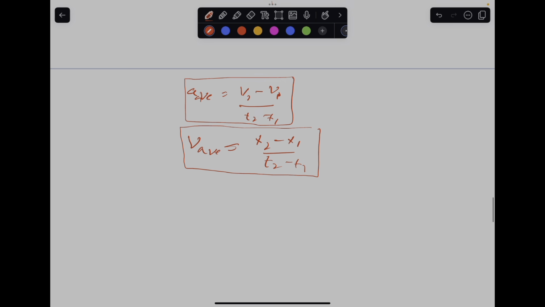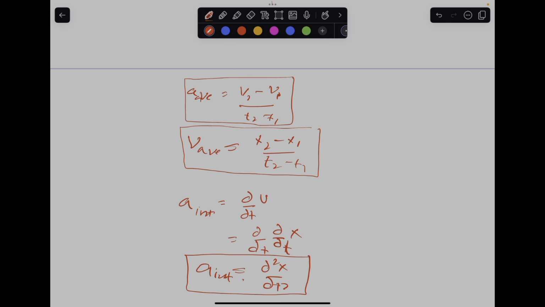Your instantaneous acceleration is just d by dt of v, and you know that v instantaneous is d by dt of x, so the acceleration is d2x by dt2. This is how we find the instantaneous acceleration.